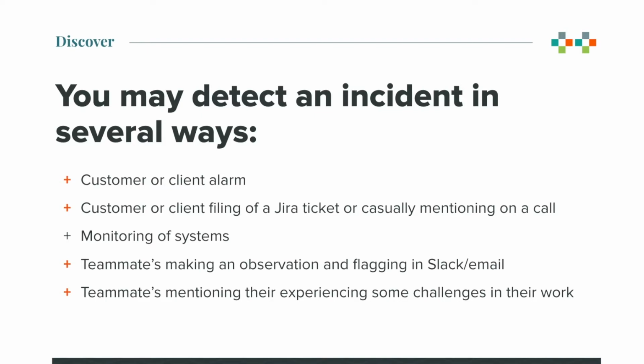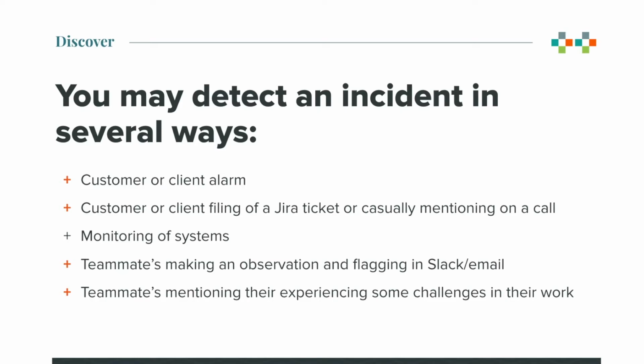The monitoring of systems is a really clear-cut way to know if there's an incident. For instance, if a site goes down, you receive an email notification. A teammate may make an observation or flag something over Slack or email. And that's a helpful way of learning about an incident, is to have your own teammate let you know of it so you can take action.